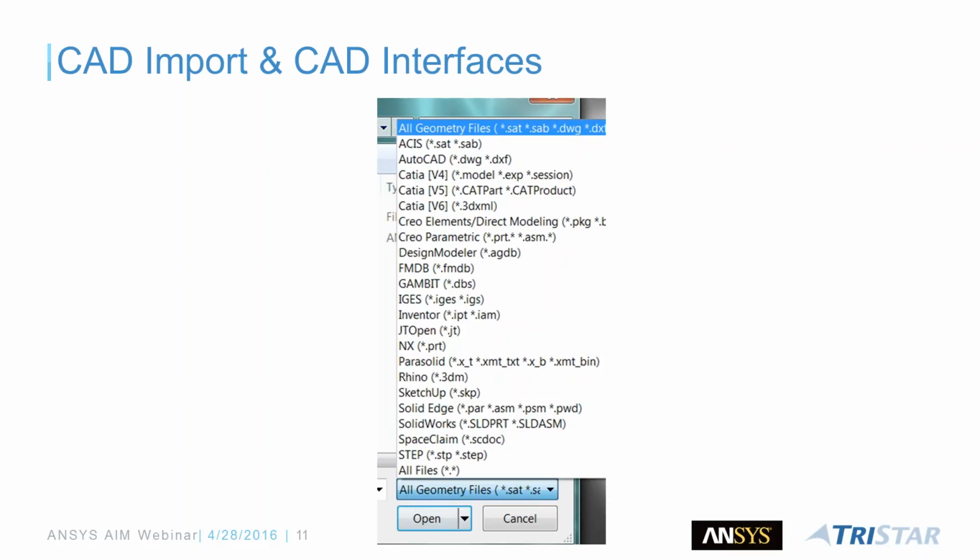If you happen to have Creo Elements Direct Modeling, you can even import that, including most of the neutral files that are supported. So there is a reader license for all this that allows you to bring in this geometry directly into AIM and then create the mesh and then apply the boundary conditions and solve the physics and view the results later on.